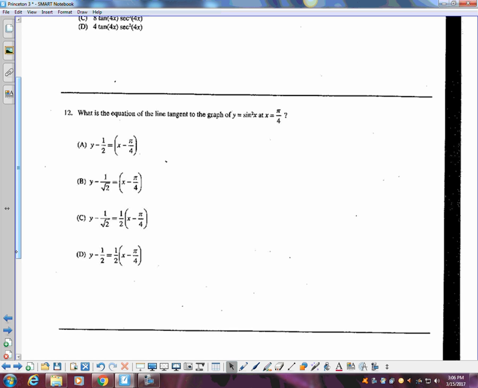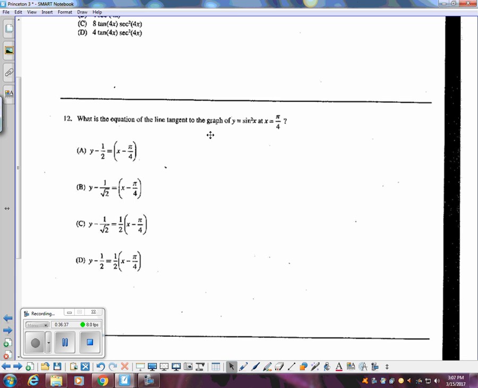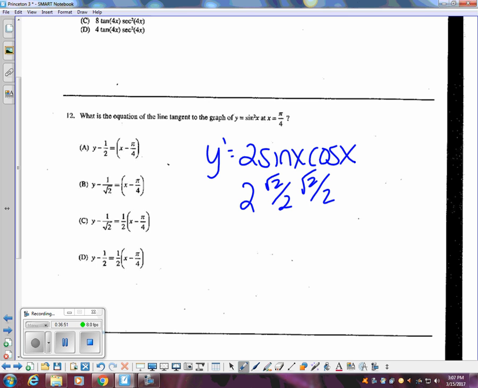Okay, go. Power 4. I got a 1 for my slope.